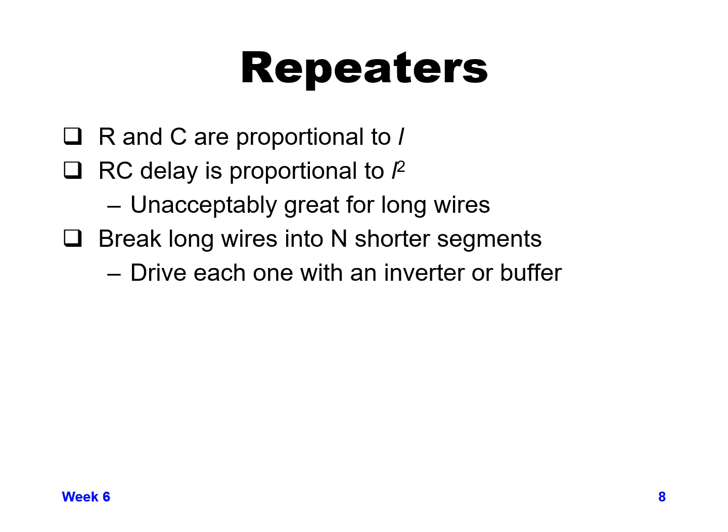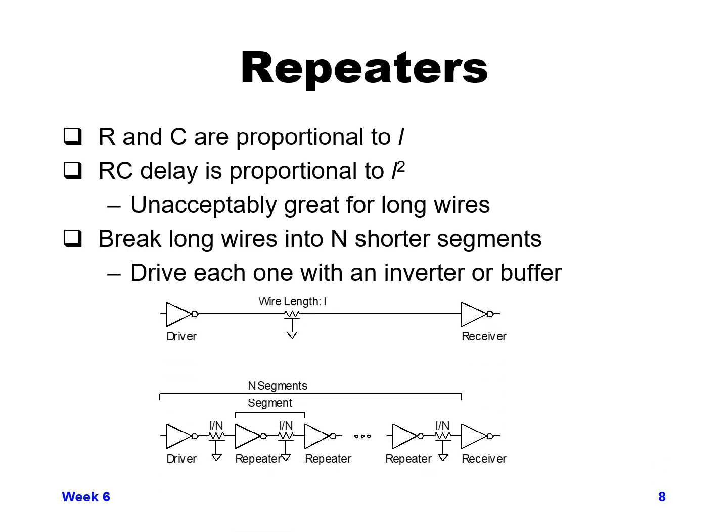Sometimes inverters can be a little bit faster, but you have to keep track of whether you have an inverted version of the signal or a non-inverted version at any point when you're trying to tap off of the signal as you're routing it around. Whereas if you use buffers, you know the polarity of the signal is always the same with each wire segment. So there's some pros and cons there to be aware of.